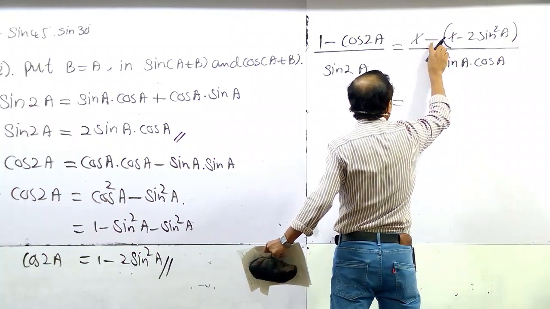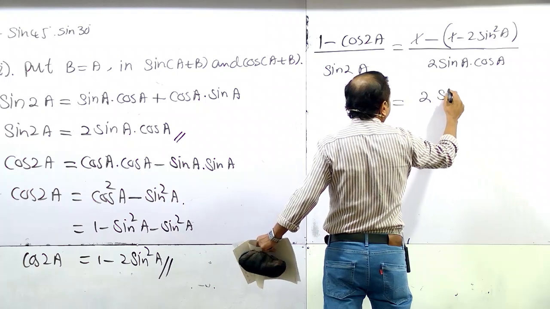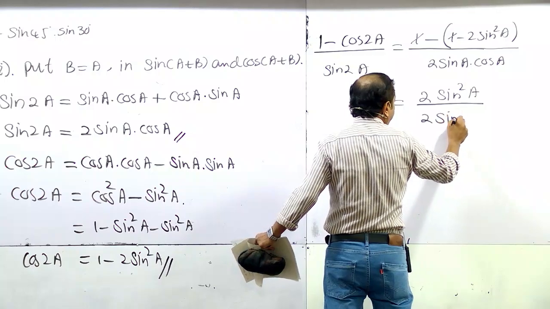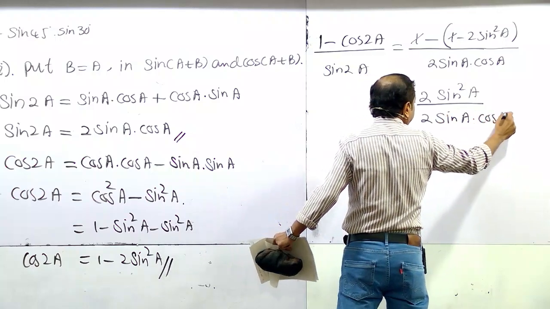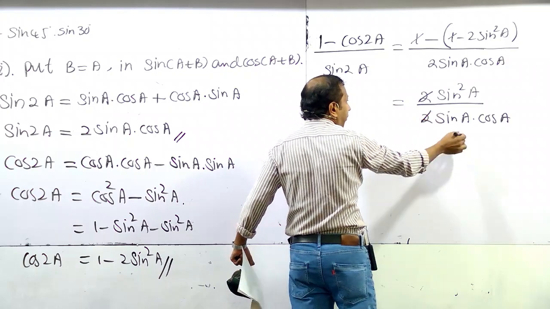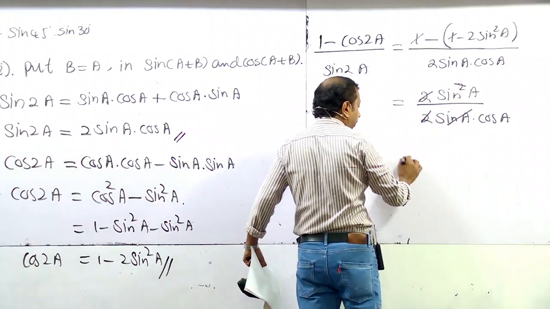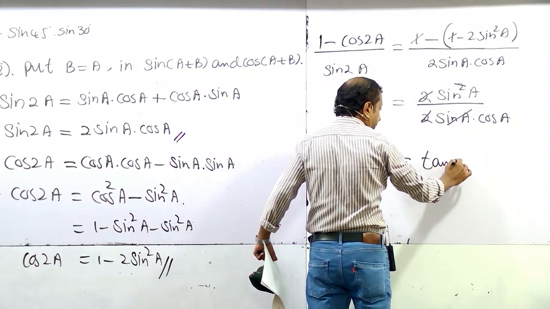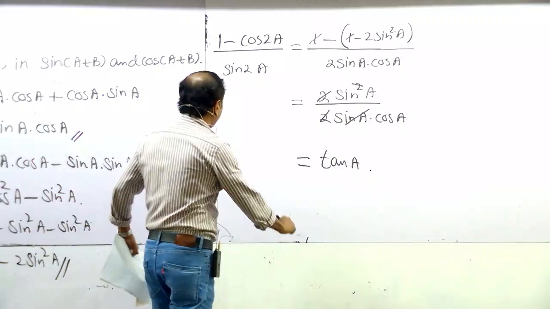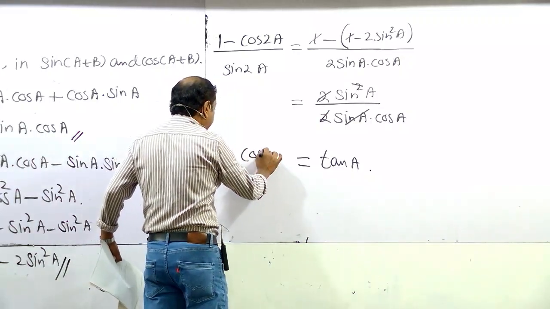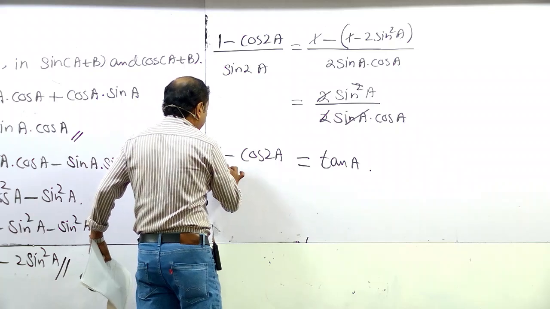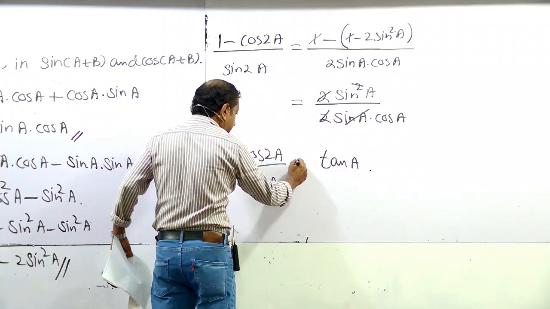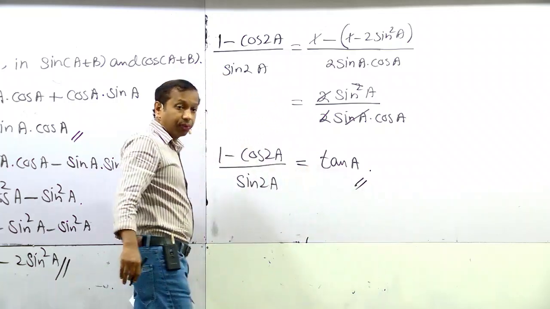Minus minus plus, 2 sin squared A divided by 2 sin A into cos A. 2 and 2 you can cancel down. One sin A we can cancel with this. Sin A by cos A is tan A. We get then 1 minus cos 2A divided by sin 2A equals tan A. That is okay now.